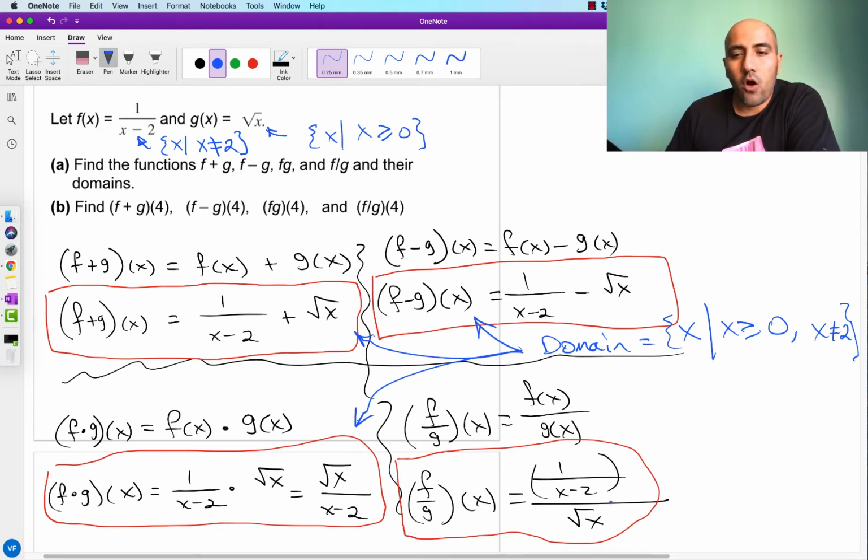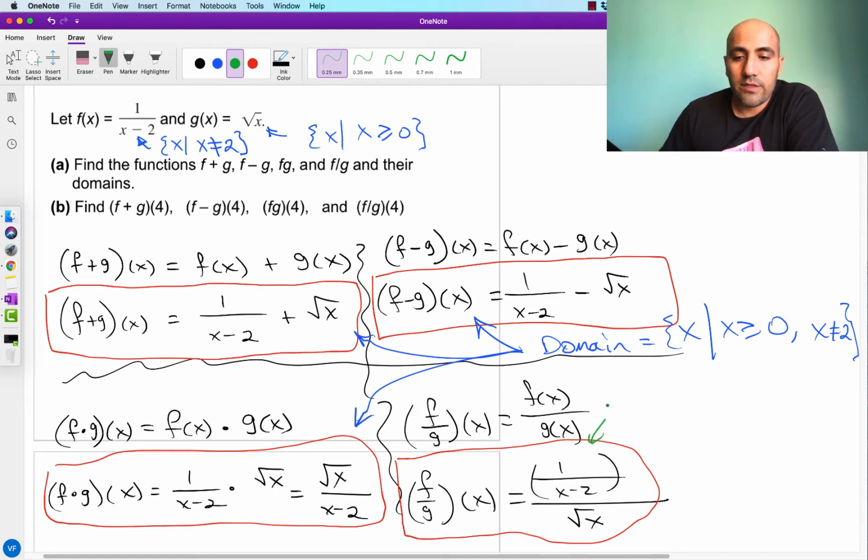Well, we have almost the same domain, almost identical. Let's put it in green. For this last one, we also have to introduce one more criteria, and that's that when x equals 0, square root of 0 is allowed, but you would have a fraction where the denominator is 0, and therefore that would be undefined.